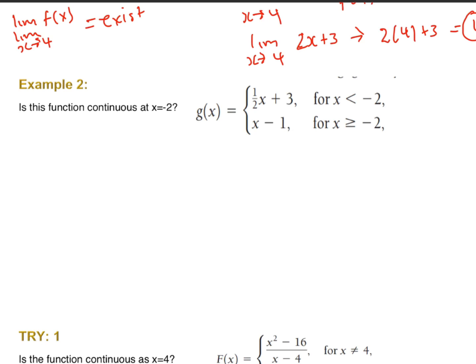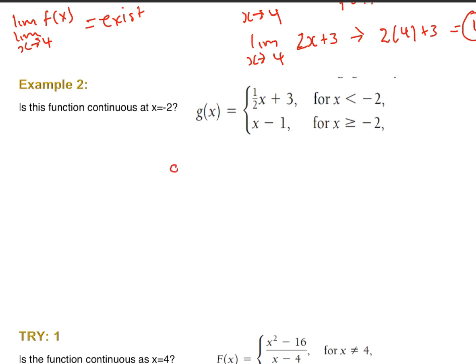To find out if this function is continuous at the given point, which is -2, we must determine whether the limit of this function exists, then evaluate the function at -2 and compare whether they are the same or not.